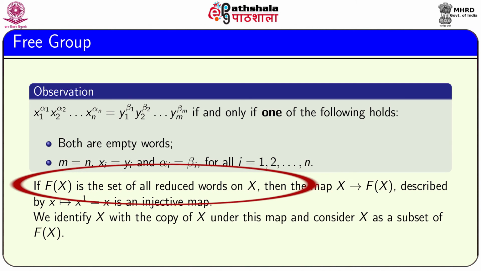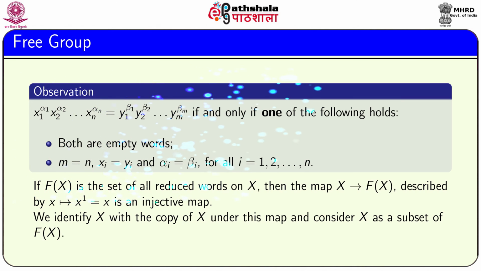If F(X) is the set of all reduced words on X, then the map x goes to x to the power 1, which is x, is an injective map. We identify X with the copy of X under this map and consider X as a subset of F(X).